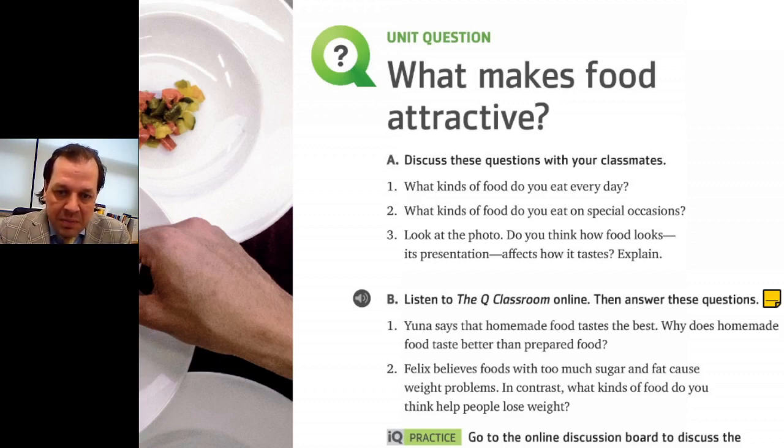Number 2, Felix believes foods with too much sugar and fat cause weight problems. In contrast, what kinds of food do you think help people lose weight? All right. So, you know what Felix thinks.